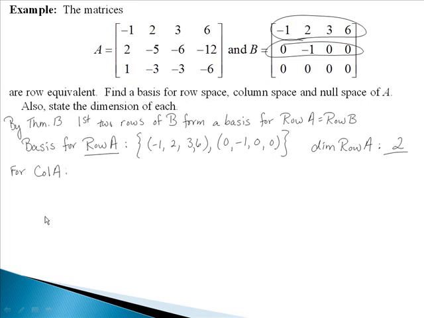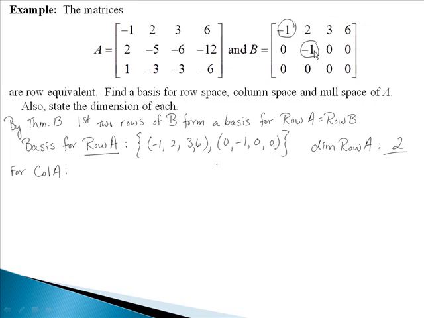For the column space of A, we need to recall what we've done in previous sections. Remember, when you're trying to find a basis for the column space of A, we look at our echelon form here of B, and we look at where our pivots occur, which is in the first two columns.